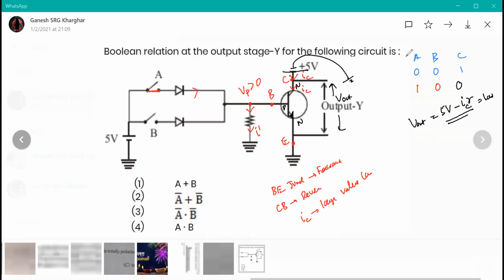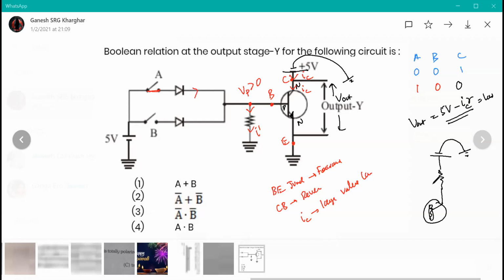Yeah, so that's the thing, Ganesh, which is a little bit tricky here, how we interpret this, because there are no resistors. Now, ideally, there should have been another resistor connected here. Then this would have been a little easier to understand. Where the collector point is connected, at the collector junction, there should have been another resistor like this, and then the battery should have been connected.